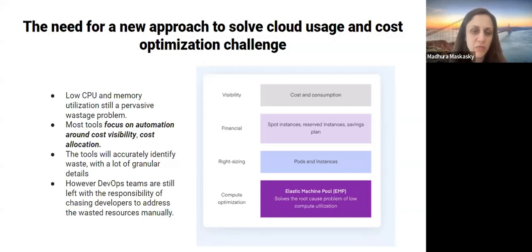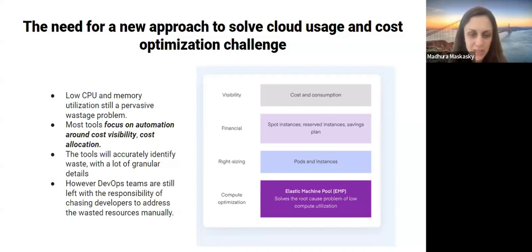Then there are tools that go one step further on top of visibility and actually execute on some of these recommendations. Cloudability, CloudHealth also do to some extent. Karpenter primarily does that. Karpenter may not do right sizing of your pod request and limit values, but it'll find the right sized instance to avoid the bin packing wastage.